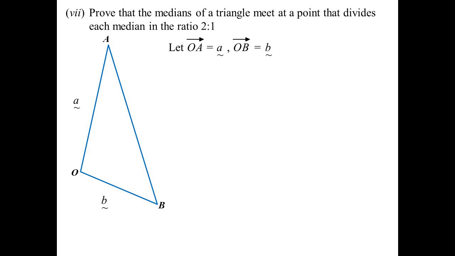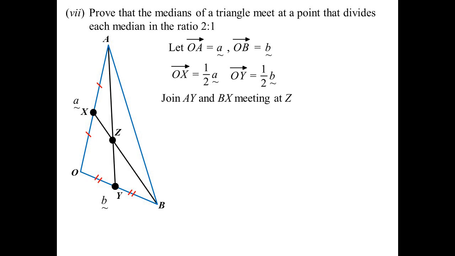OA, the position vector, because I've made one vertex the origin, and similar with B, so I'll call those vector A and vector B. A median is a line that joins a midpoint to the opposite vertex. OX would be half of the vector OA because X is the midpoint. Similarly, Y is the midpoint of OB, so the vector OY is a half B.